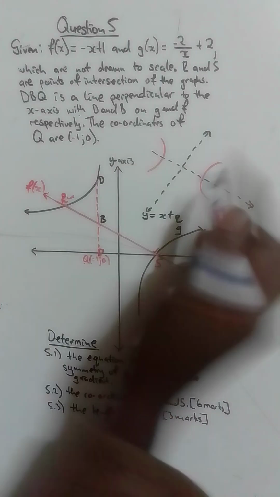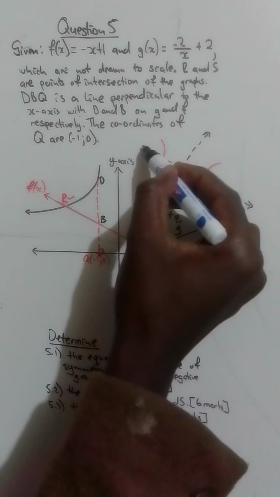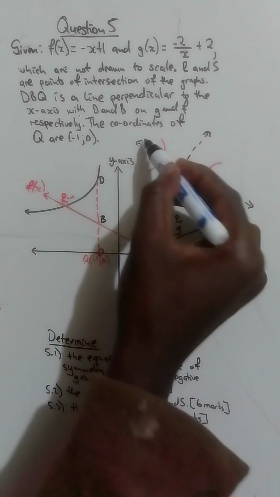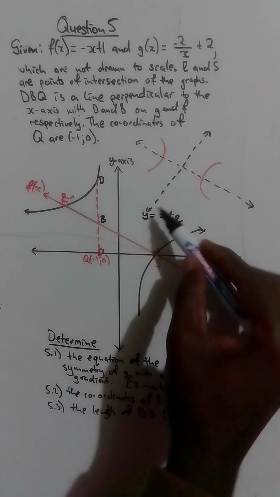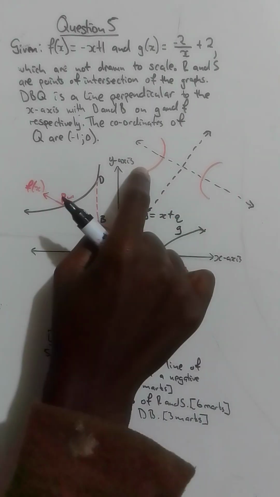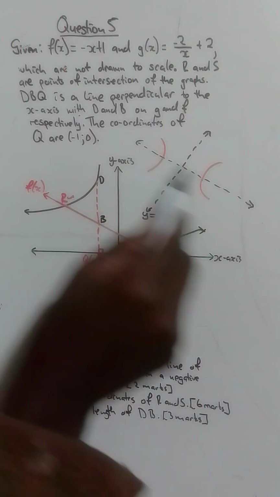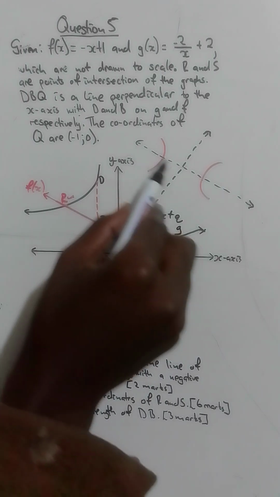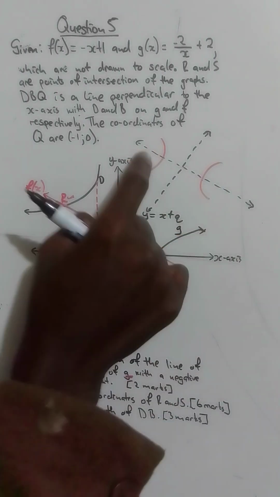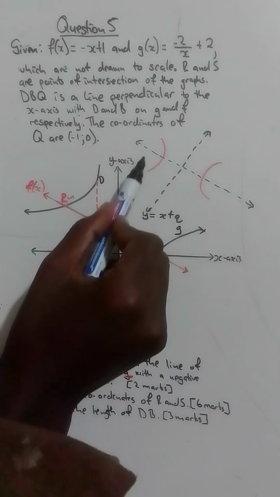Now, what is the difference between these two? There are two differences actually between these two lines of axis of symmetry. Now, what happens with these lines of symmetry? This one does not touch these graphs, whereas the other one is touching the graphs, right?